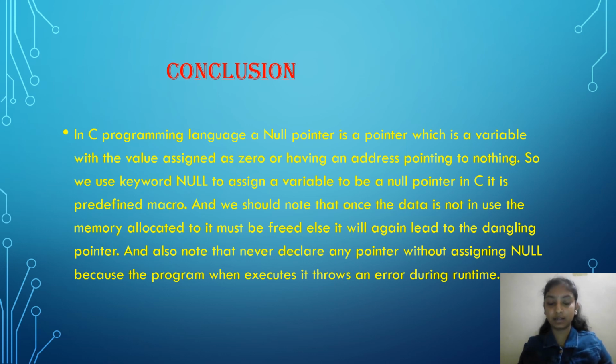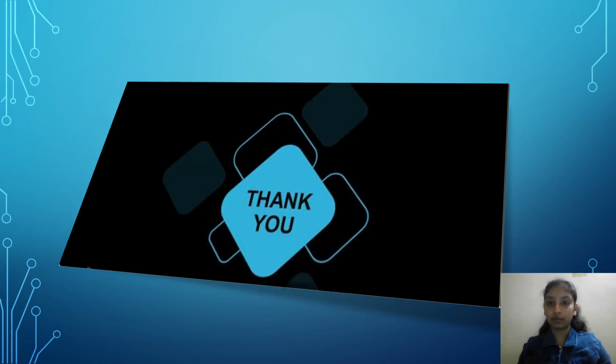So we use the keyword NULL to make a variable a null pointer in C. It is a predefined macro, and we should note that once the data is not in use, the memory allocated to it must be freed, else it will lead to a dangling pointer. Also note that never declare any pointer without assigning NULL, because when the program executes it may throw an error during runtime.